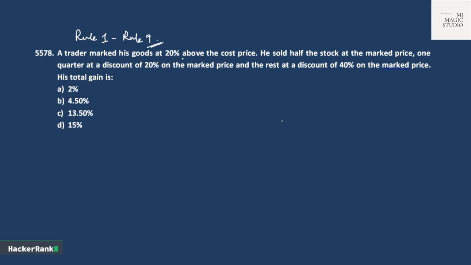A trader marked his goods at 20% above the cost price. Cost price is 100, then marked price is 120. He sold half the stock at the marked price. Okay, suppose he has got 100 units. He sold 50 units at the rate 120. One quarter means 25 units at a discount of 20% on marked price.